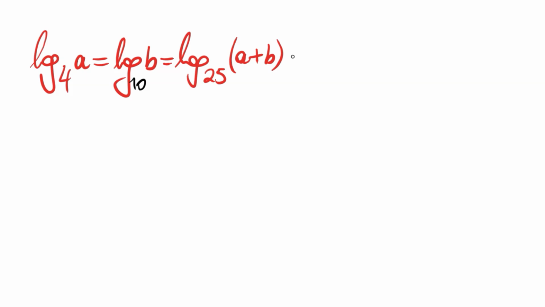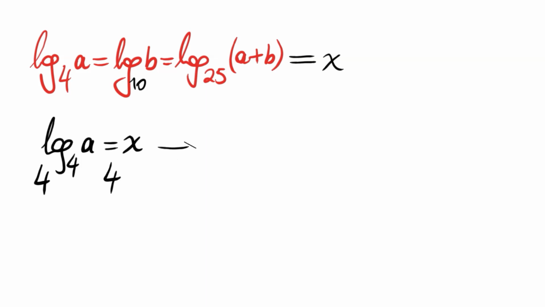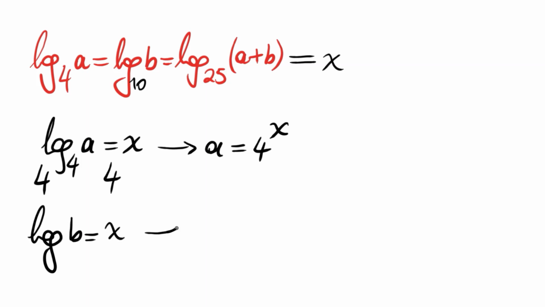That is equating this system to some x. Then we have log base 4 of a is equal to x. We will have a is equal to 4 to the power of x. And similarly, log b is equal to x will give b is equal to 10 to the power of x.